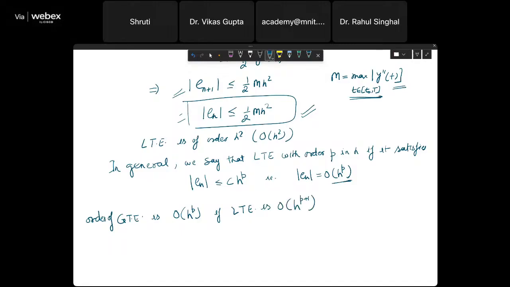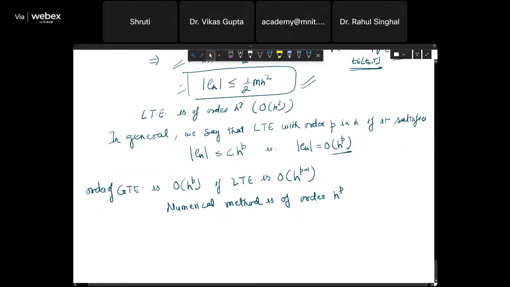And in this case, we say that the numerical method is of order h to the power p. Okay, fine. So this is what we are saying.